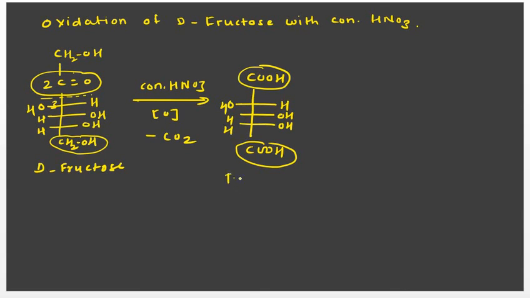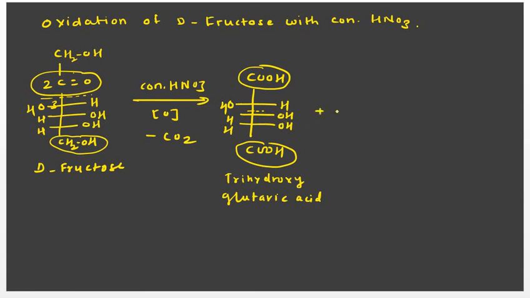So it is called trihydroxy glutaric acid. Okay. Now again further there is a bond break between this C2 and C3 carbon to give tartaric acid and glycolic acid.